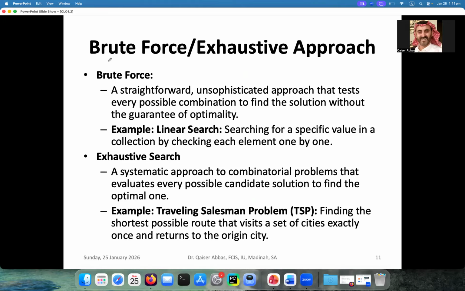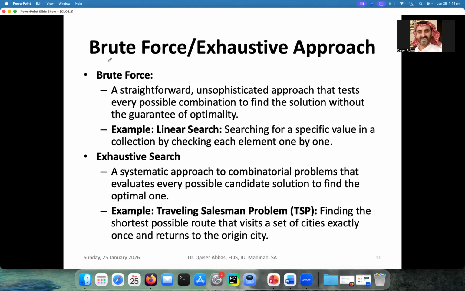The answer is also not guaranteed to be optimal. You are checking all possible combinations, and this approach is straightforward and simple. You can go with any order.